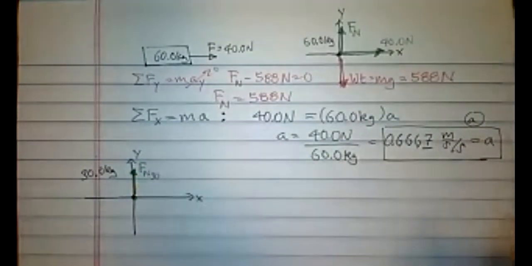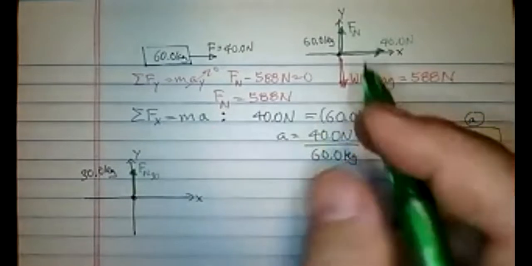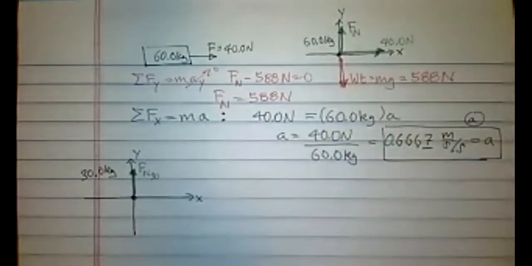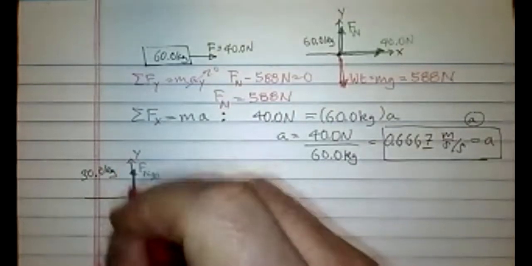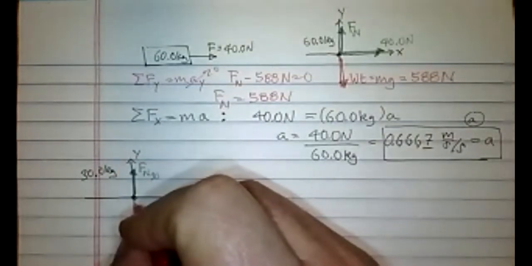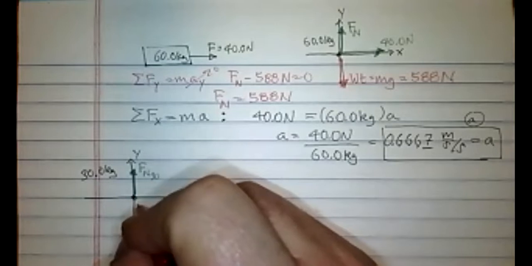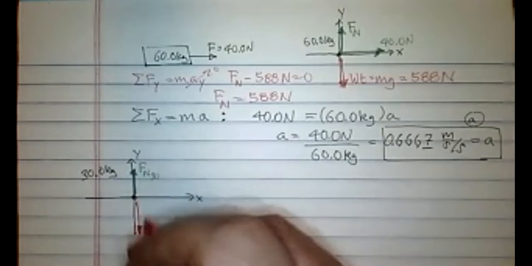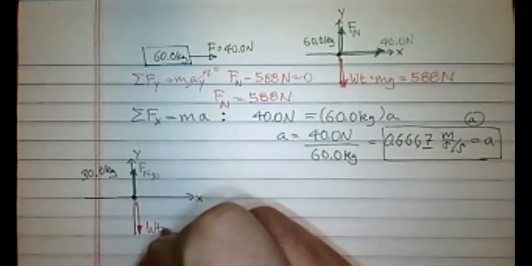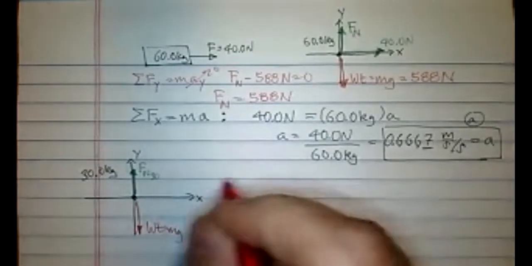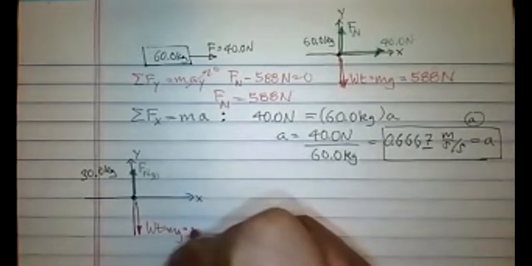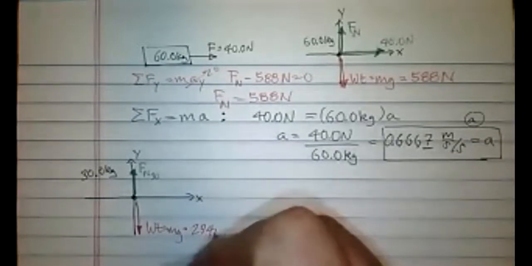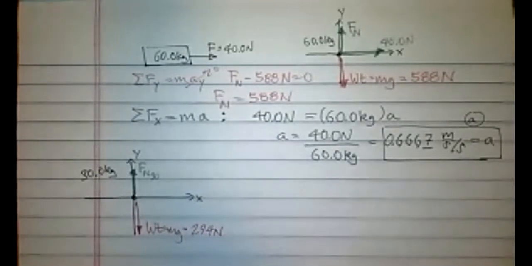So I'm going to call that Fn30, meaning the normal force for the 30 kilogram object. We're not going to worry about it. I think you can already guess the results. But one force that acts on things that doesn't require it to touch the thing is the weight. And that's what's going to be acting here. Weight, which equals m times g, is just 30 times 9.8, which is 294 newtons.